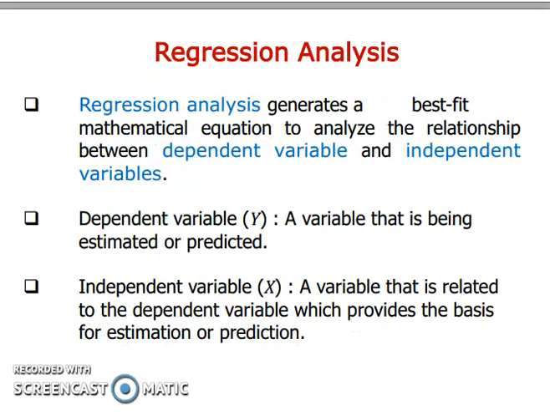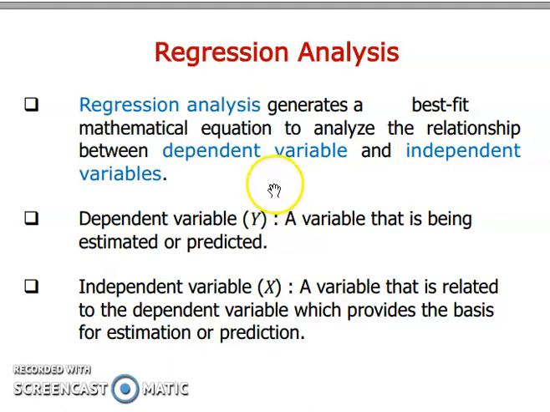Regression analysis. So in regression analysis, we generate the best fit mathematical equation to analyze the relationship between dependent variable and also independent variables. So previously what we did, we just used variables: one variable, the first variable, and also the second variable.